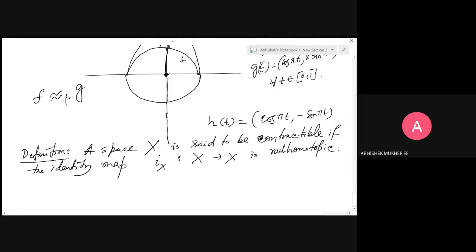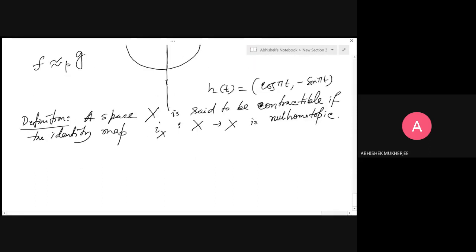A space X is said to be a contractible space if the identity map is null homotopic. That is, the identity map can be shrunk to a point continuously. This is a definition.